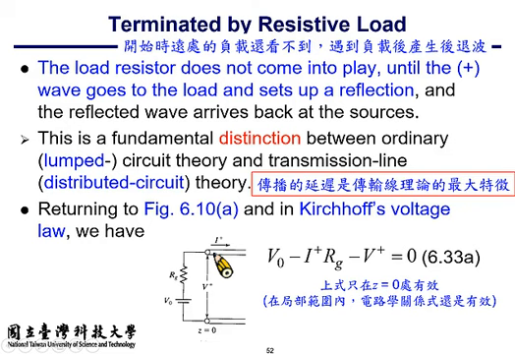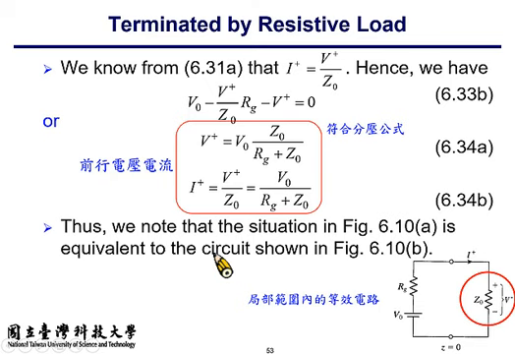V0 is known, Rg is known, and the V plus over I plus ratio is 50 ohm, that is Z sub 0, is known as well. You can find the solution for V plus and I plus using this equivalent circuit at the left end at the moment of t equals 0 plus.